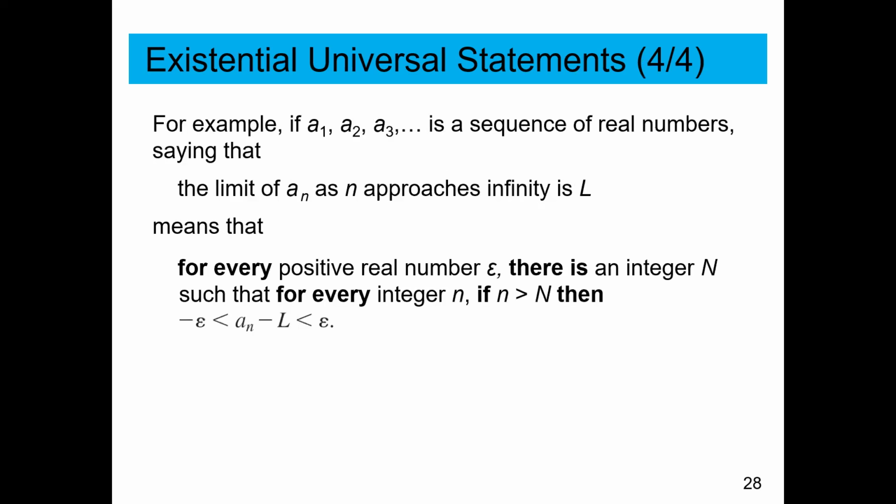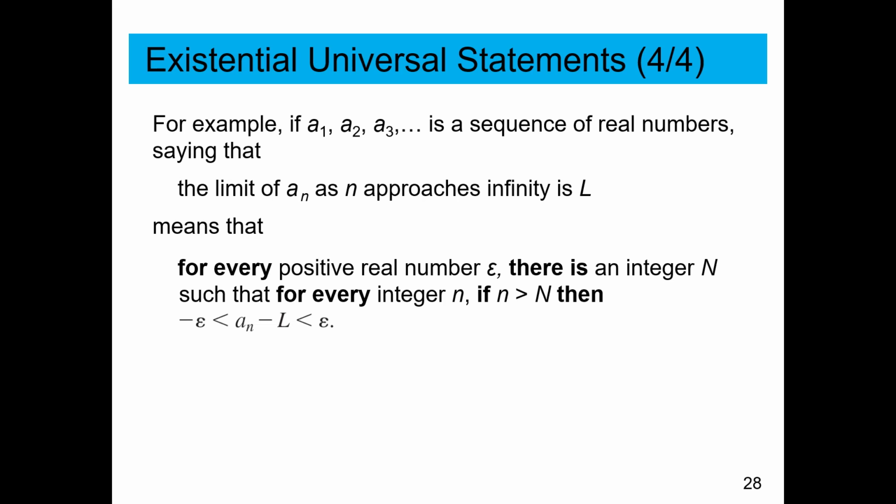All right. Last example, something maybe you saw in calculus: the limit of a sub n is L. Actually, there was a for every positive real number epsilon, there is an integer N such that for every little n, if n is bigger than N, then negative epsilon is less than a sub n minus big L, which is less than epsilon.